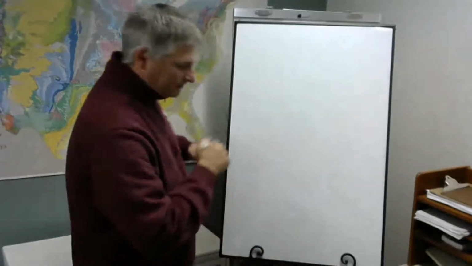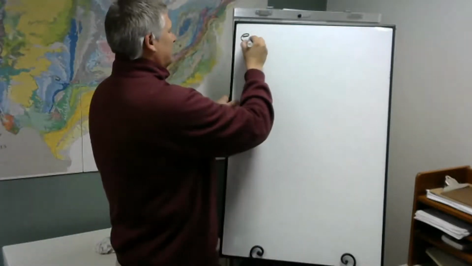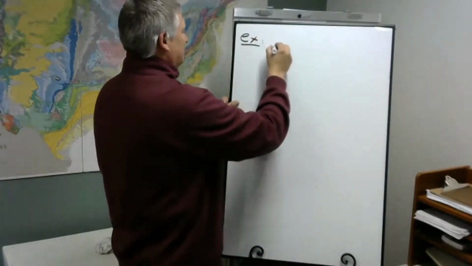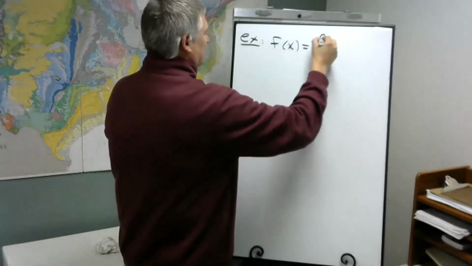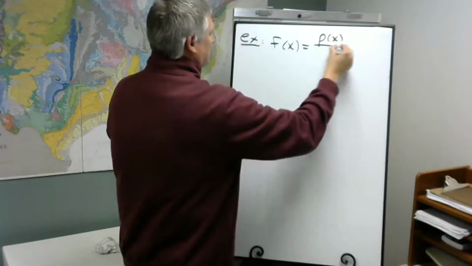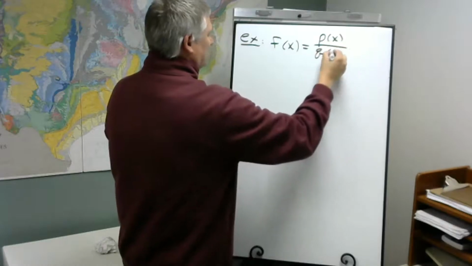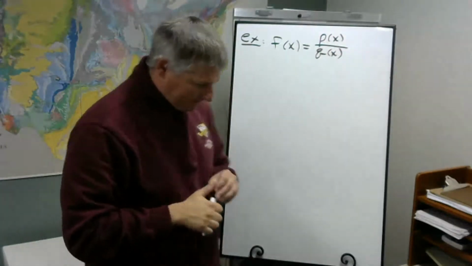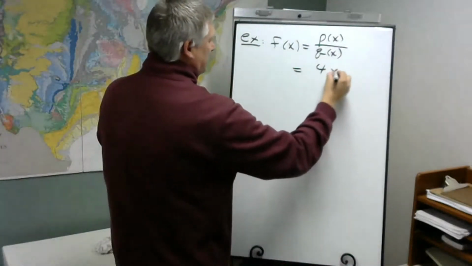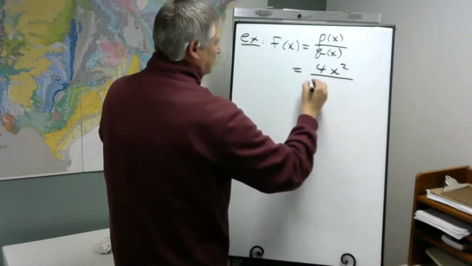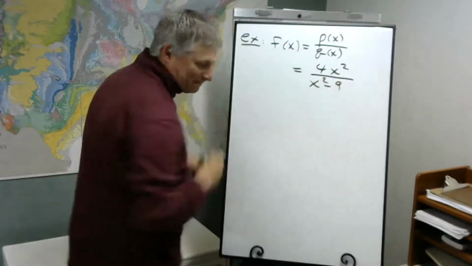So, for example, let's take a look at this. And let's say we have 4x squared over x squared minus 9.